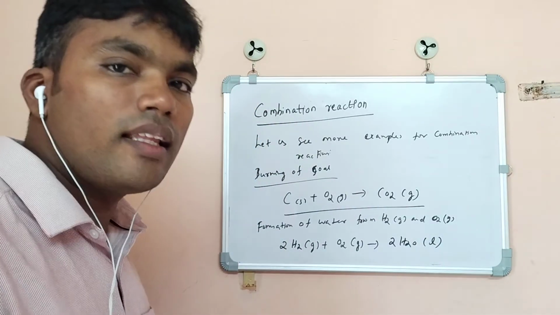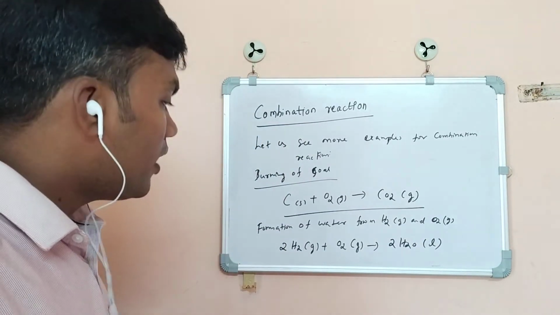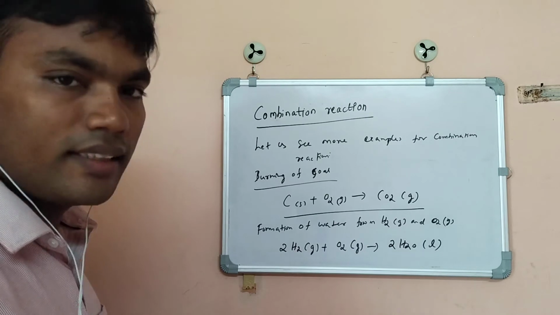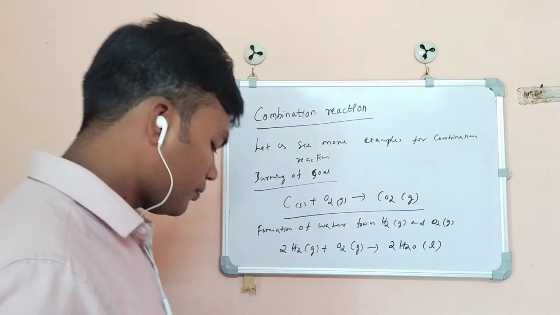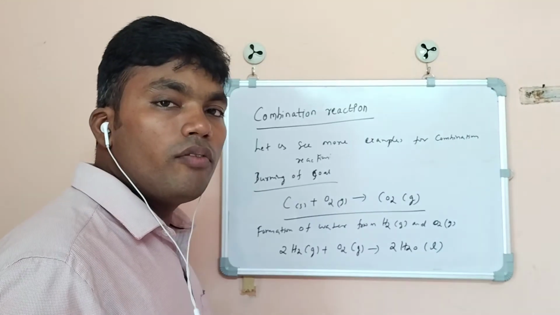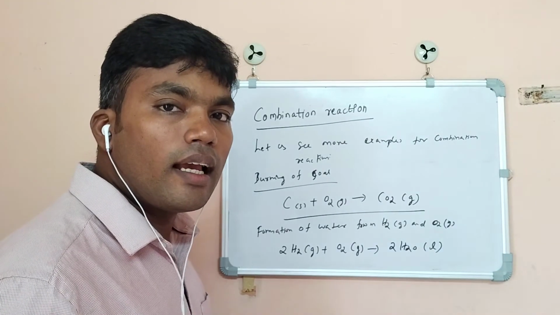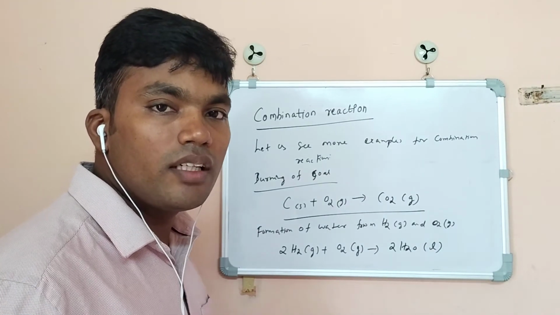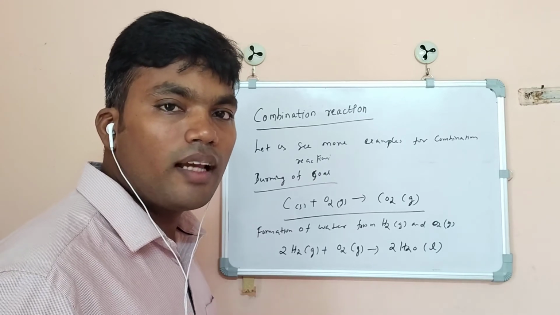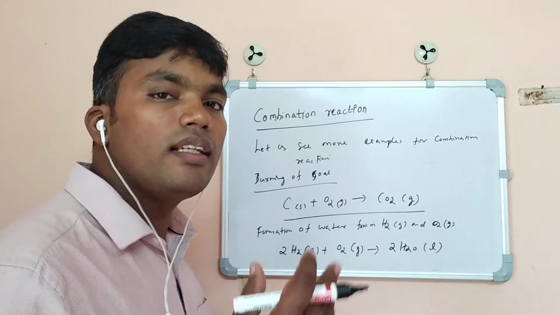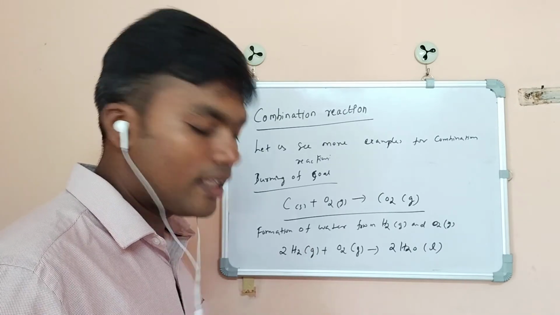This is another example for the combination reaction. These are the two examples for the combination reactions. Now you can easily answer what is meant by combination reactions. If anybody asks you to explain the combination reaction, you can easily explain these two examples.